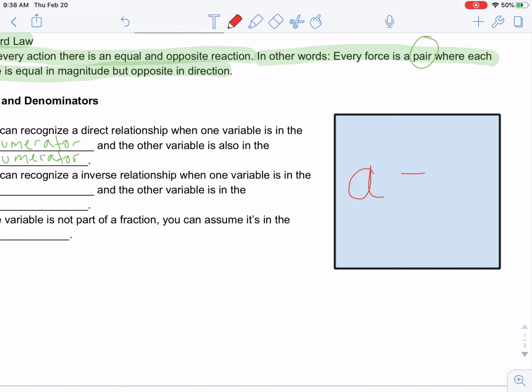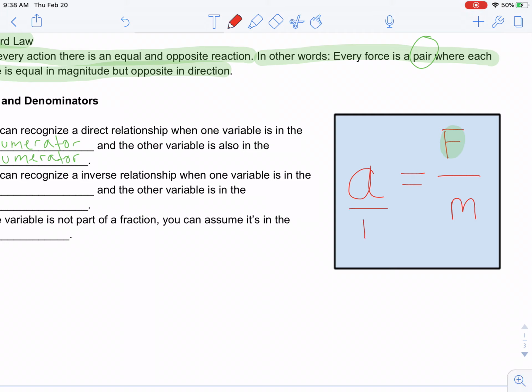Acceleration is directly proportional to the force, but inversely proportional to the mass. Look at force here. It's in the numerator. Cool. Acceleration, it's not in a fraction at all, but we can assume that this is in the numerator. Why? Because we can create a fraction.